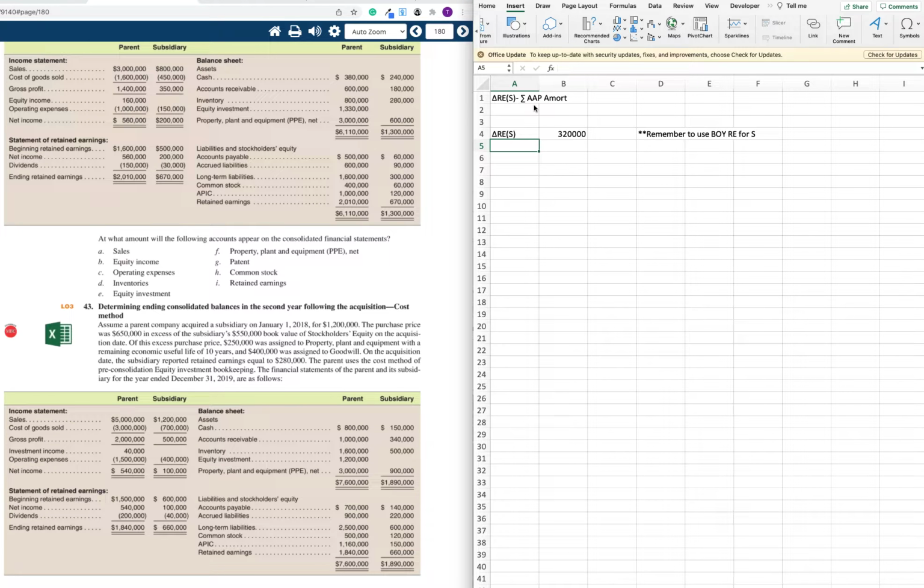Then we have to get the change in our AAP amortization, or the sum, not change. And so let's see here. For AAP amortization, we have the $250,000 by 10 years. So $25,000 per year.